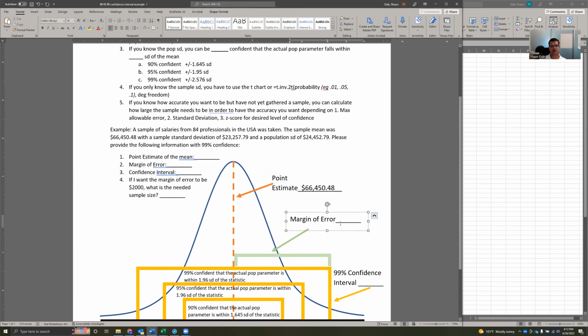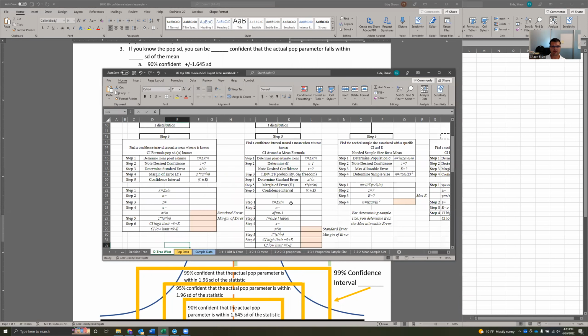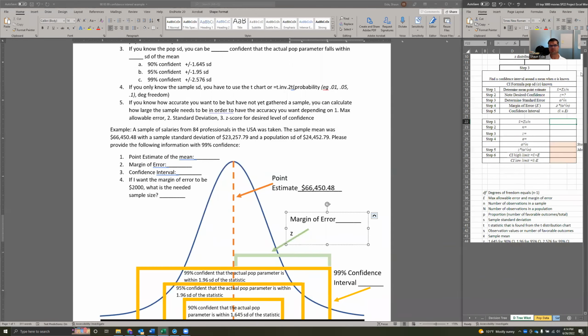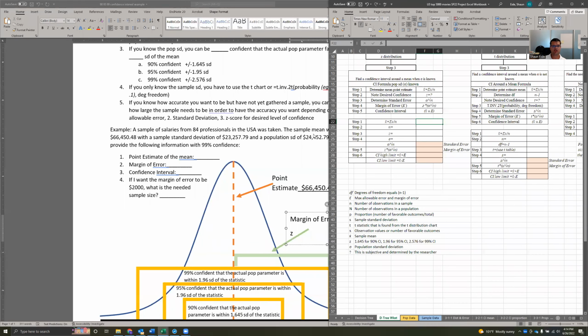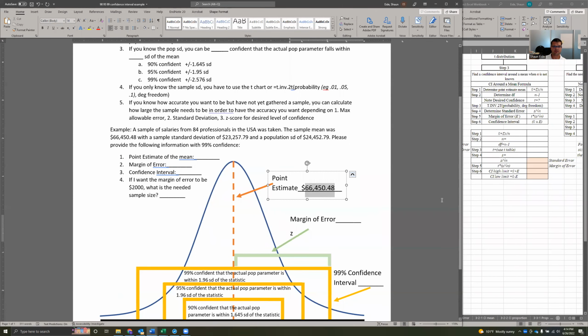Okay, so in order to calculate the margin of error, it is the z-score. Hold on, I'll pull it up. So for the margin of error, we're coming right here. We've got the z-score, and we've got the number in the sample. So let's first of all take the mean, which is going to be 66,000.